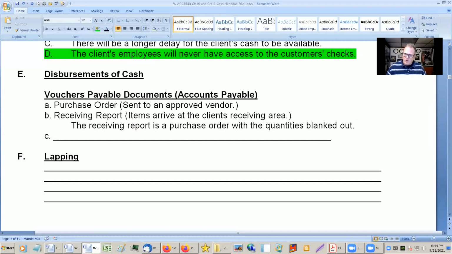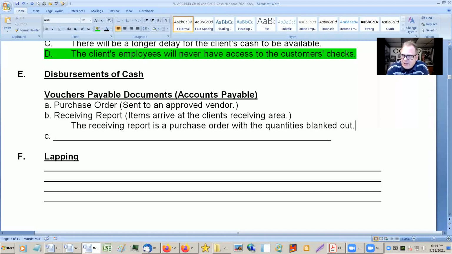Why do they blank out the quantities? So they have this receiving report. The receiving report that comes to the receiving department doesn't have any of the quantities on it. The shipment comes in. And they have to make sure that everything matches up.